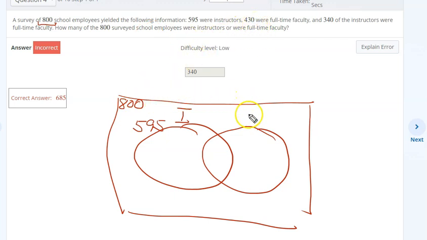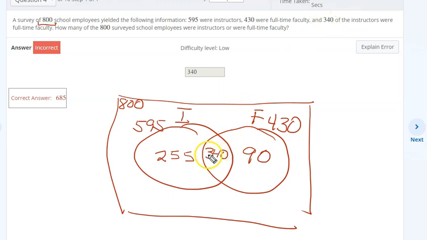So these were instructors. This will be faculty. I guess these are adjuncts here. So this is going to be 430. I paused the video here to do a little calculation. So our intersection was 340.